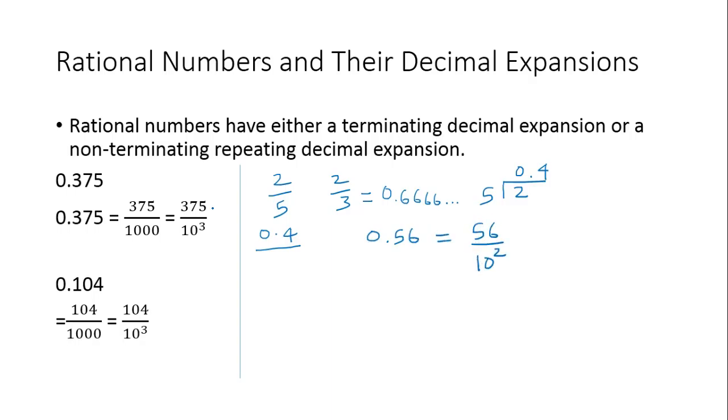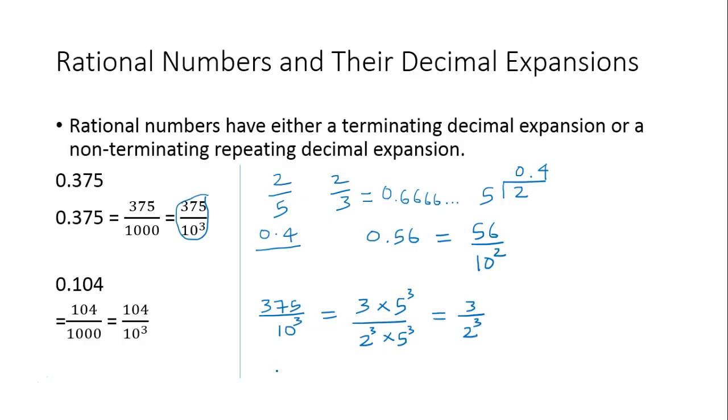Now let's explore these fractions further and see if they can be simplified. We can write 375 by 10 raised to 3 as 3 into 5 cubed divided by 10 cubed, where 10 is 2 into 5, so 10 cubed is 2 cubed into 5 cubed, which is equal to 3 divided by 2 cubed.